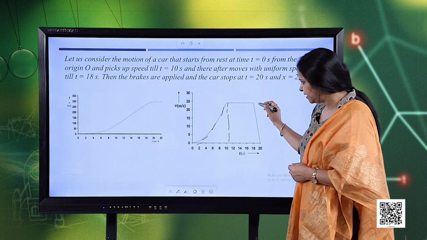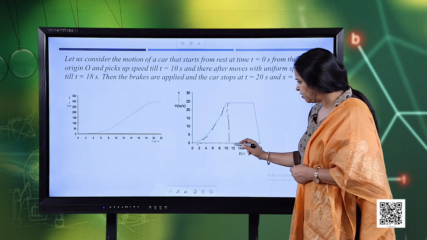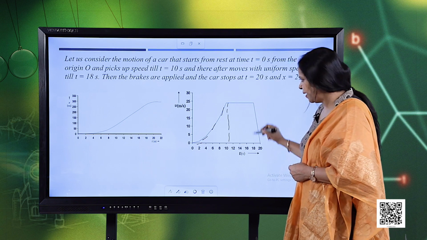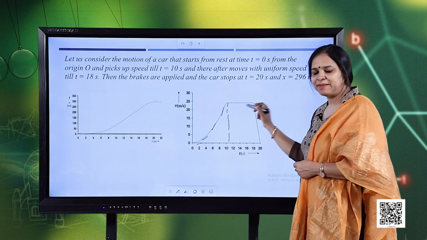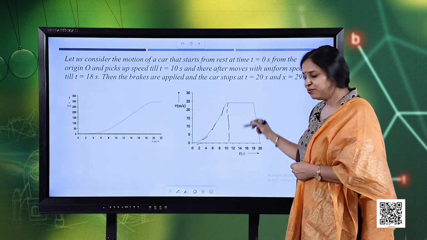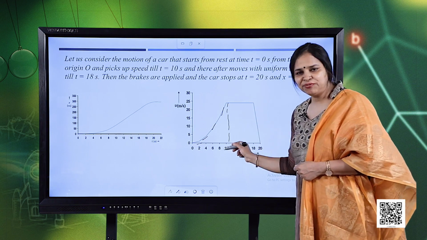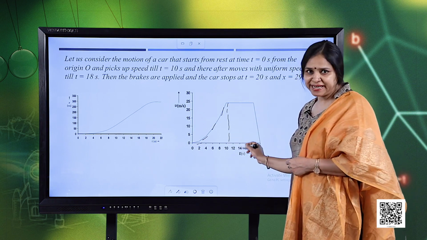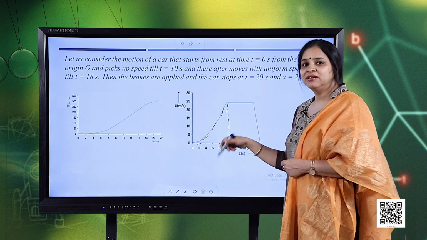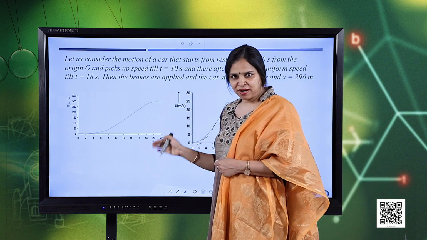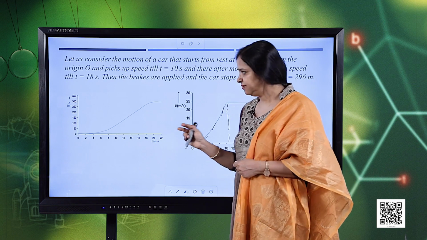In this v-t graph, the velocity between 10 seconds and 18 seconds is a straight line parallel to the time axis, which shows that the velocity is uniform in this time interval. Another way is to find the average velocity between these two instants.